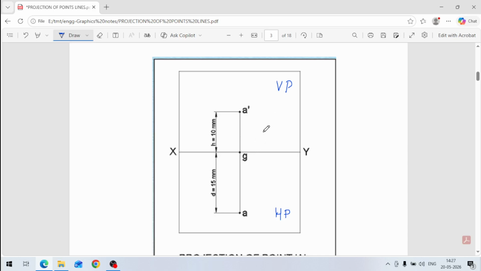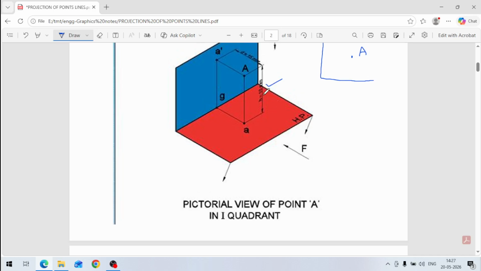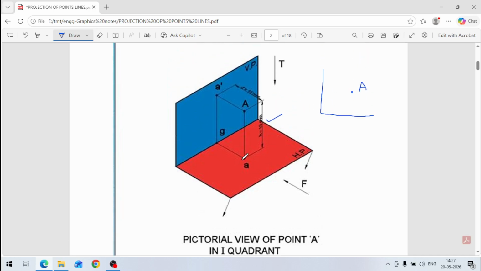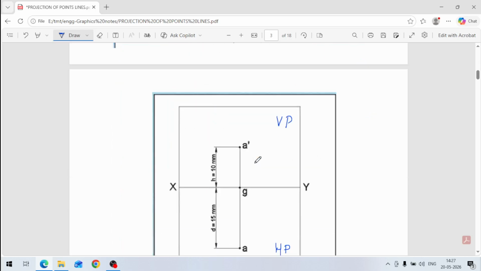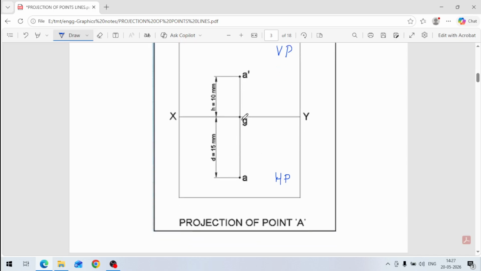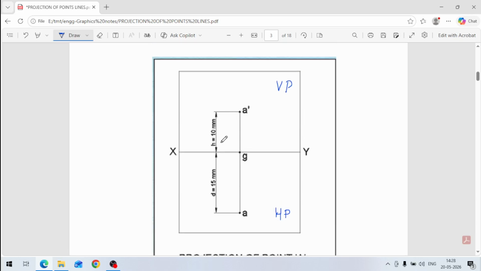And this point A, if you look here, its distance is given here, this is 15 mm in the horizontal plane. So this is 15 mm here, this is point A. And the other projection, the distance is 10 mm, so it will be in the vertical plane, and this point is here.